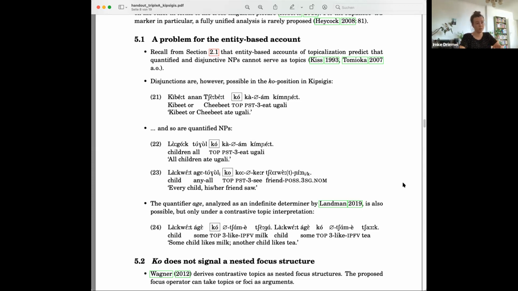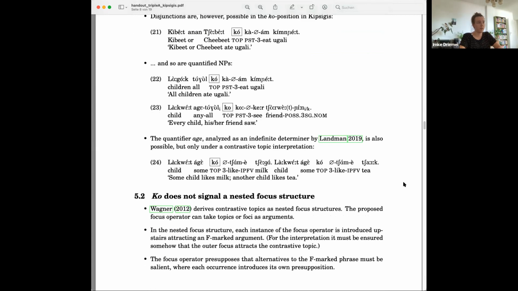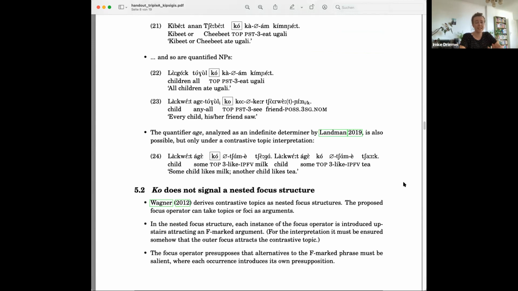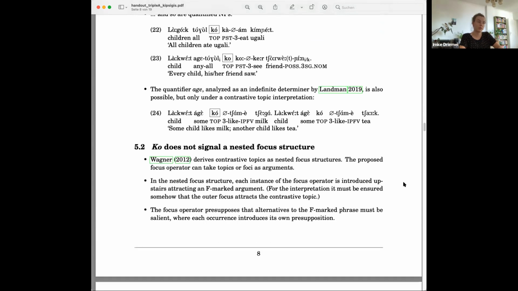Yeah, so it's shown in 24. So there we do see a sensitivity to contrastive readings, but it's just one of the minor differences. Right, so we think an entity-based account might not really fit because we do have anti-topic phrases that seem to still be okay in the co-position.